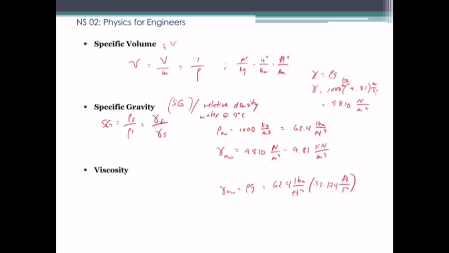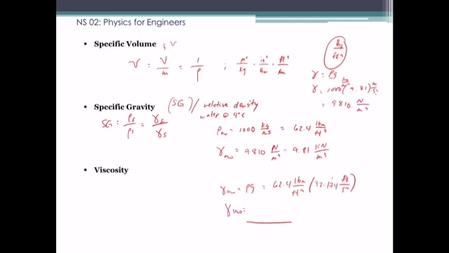The unit we should obtain for gamma should be in weight unit, pound force per cubic feet.